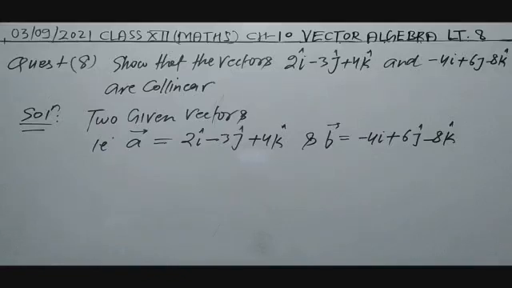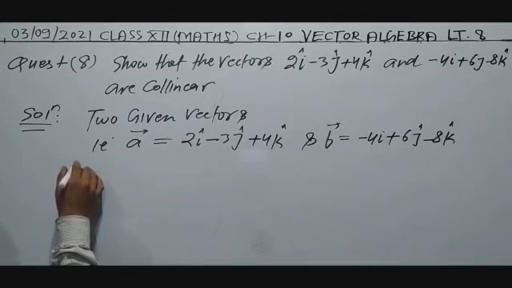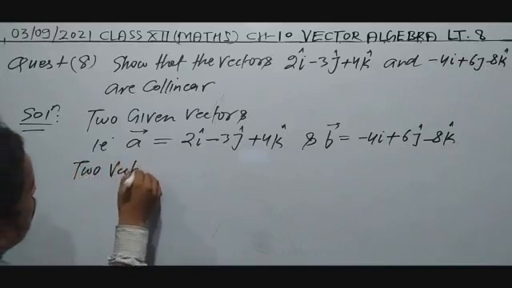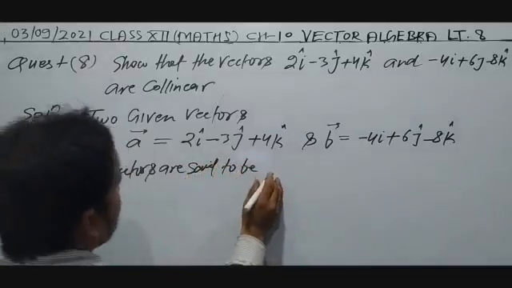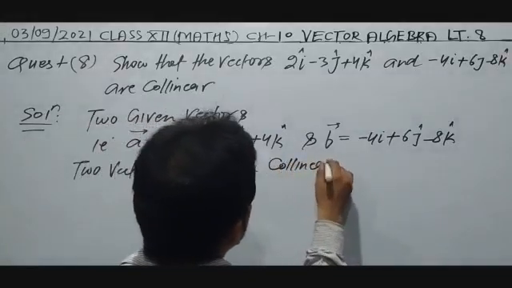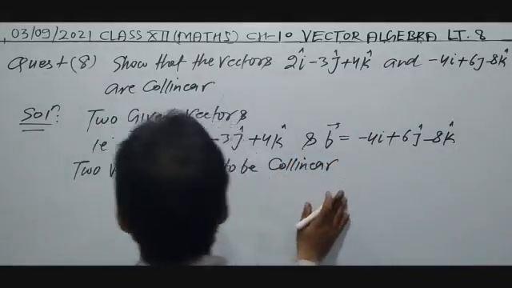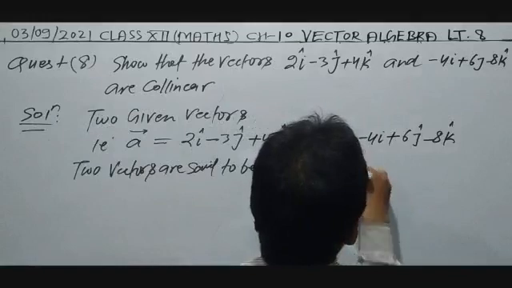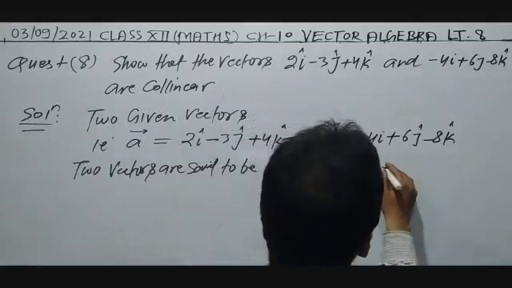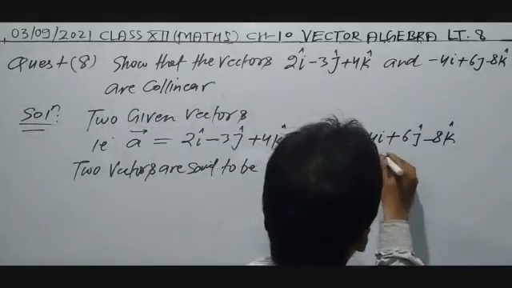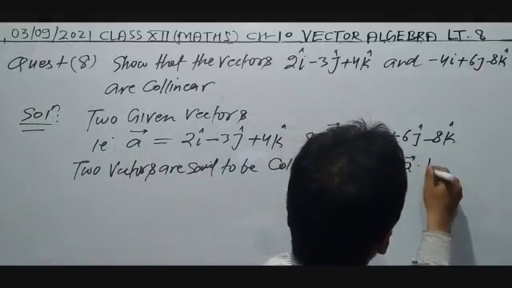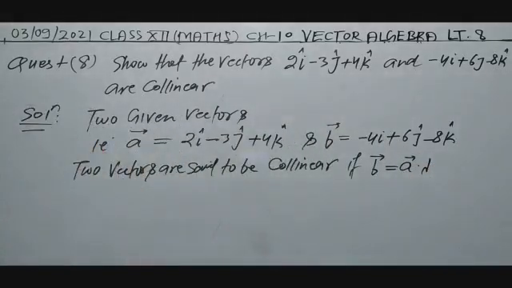Now these two vectors are said to be collinear if you can write A is equal to lambda B or B is equal to lambda A, where lambda is a constant.